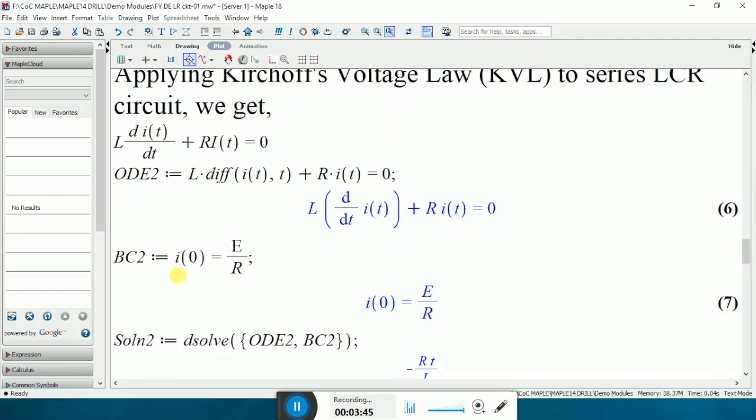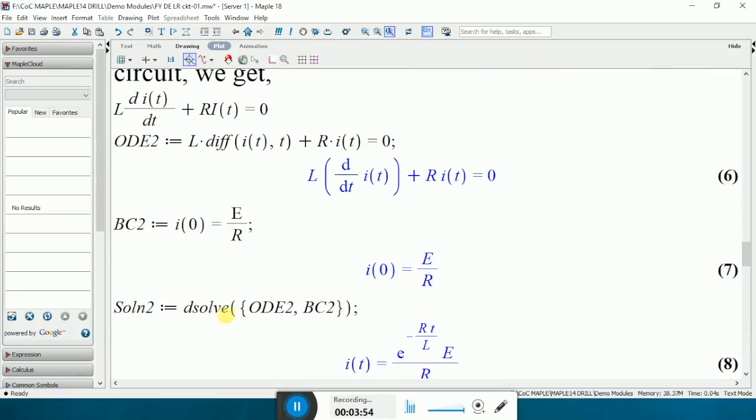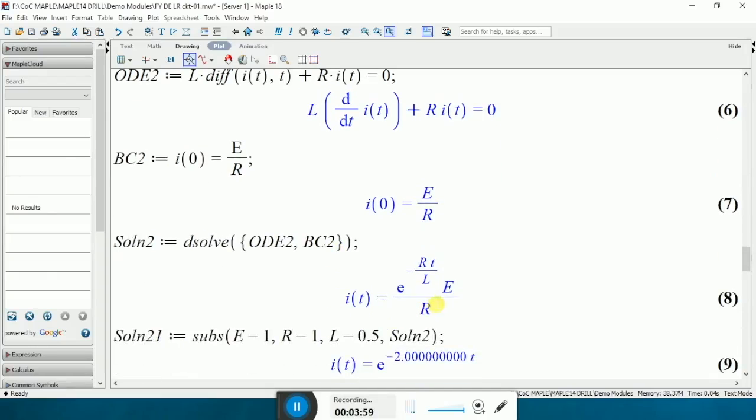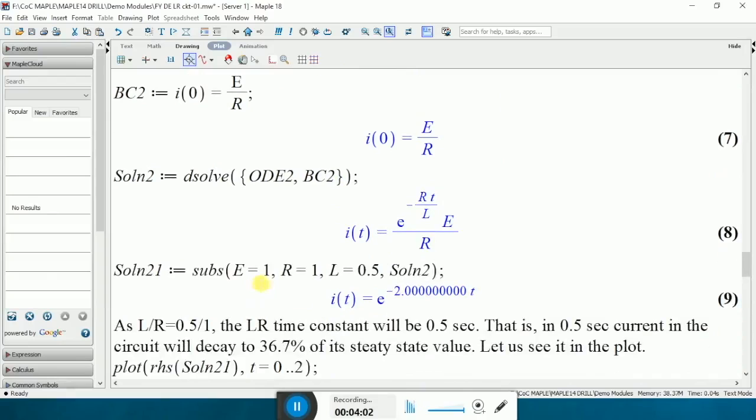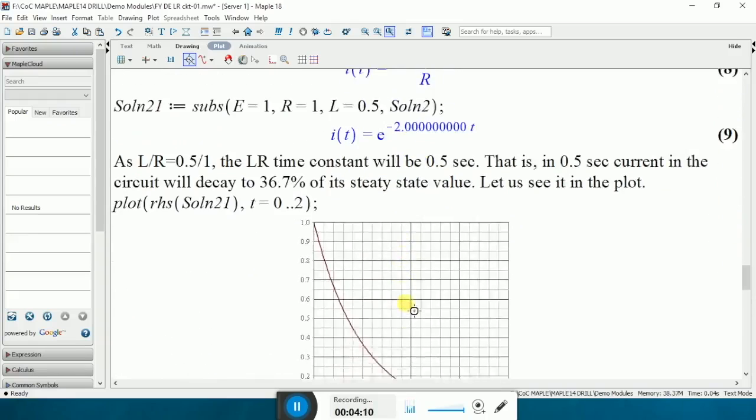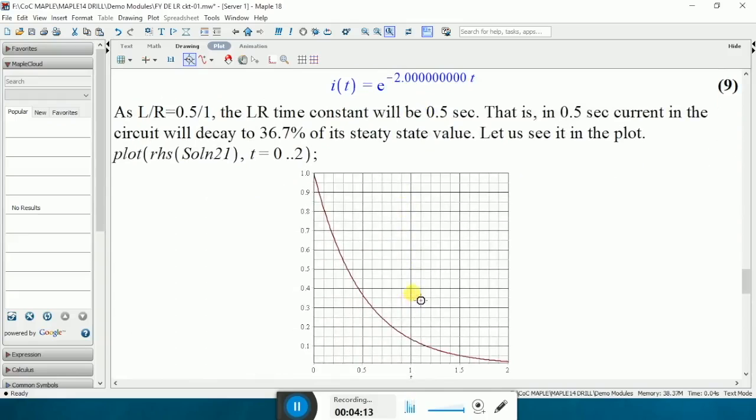So here the steady state value I of 0 is equal to I0, which is E upon R, and we are exploring dsolve ODE2 for BC2, that is boundary condition 2, with the same solution, and we can substitute E equal to 1, R equal to 1, L equal to 0.5 in solution 2, so that we can study the transient current in the circuit. And it takes 0.5 seconds for the decay to go down to 36.7% of its steady state value.